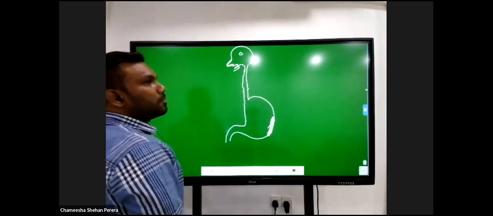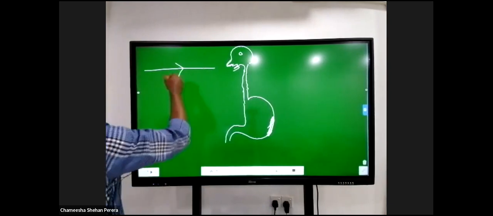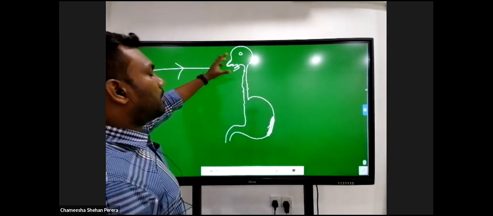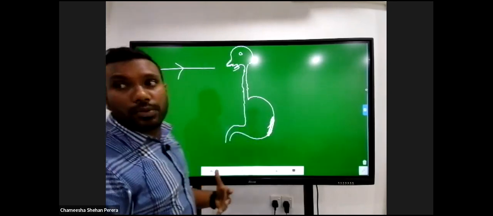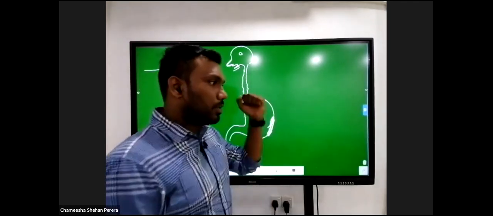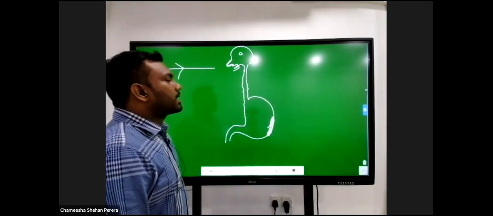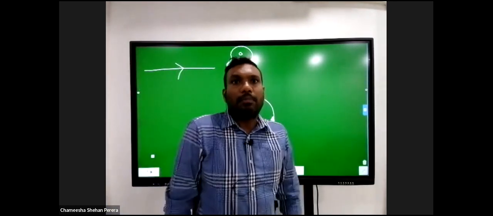As you all know, light always travels in straight lines. So you have many bends until you reach your stomach. There will be a difficulty to see the things inside the stomach by using a light, right? So as a solution for this, the scientists invented optical fibers.